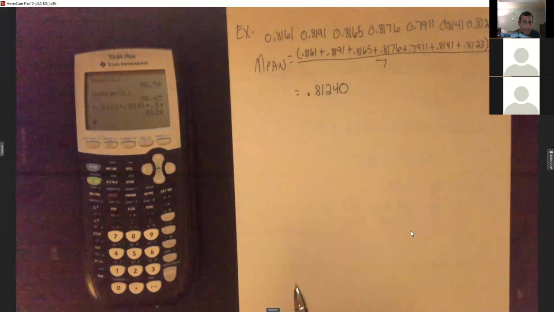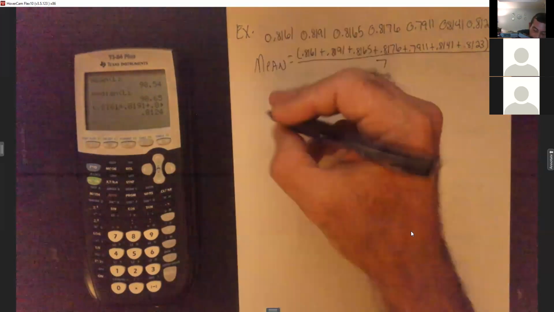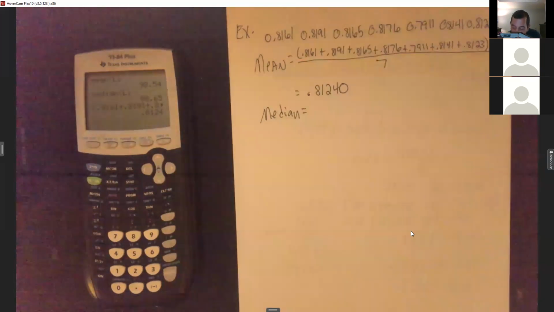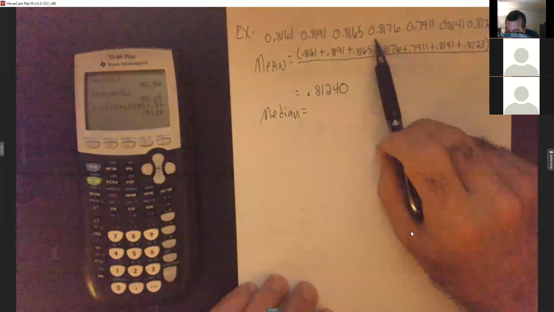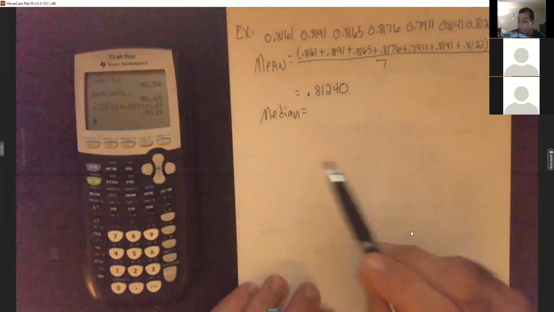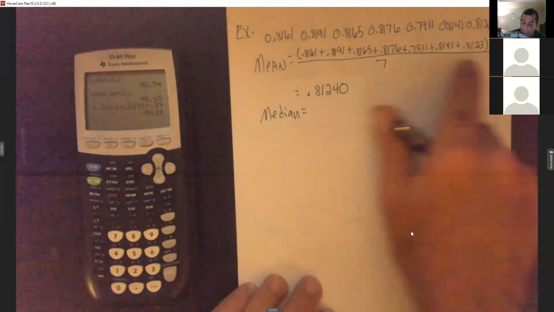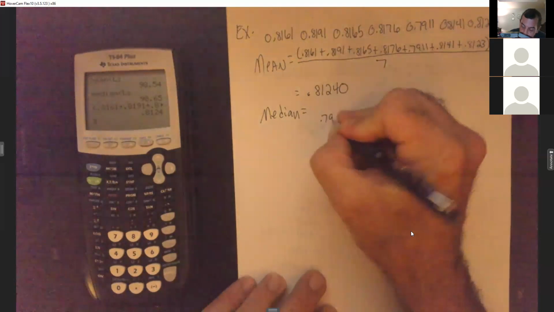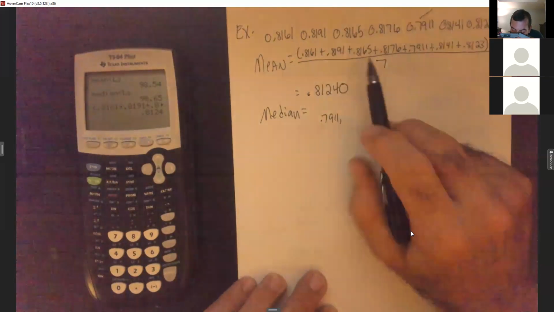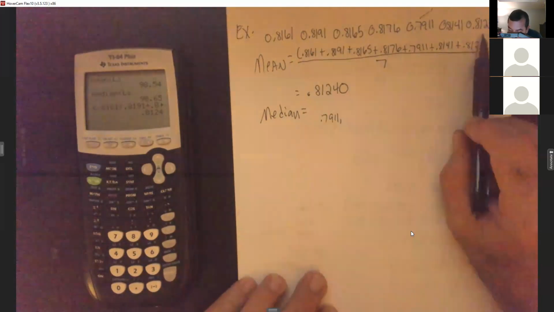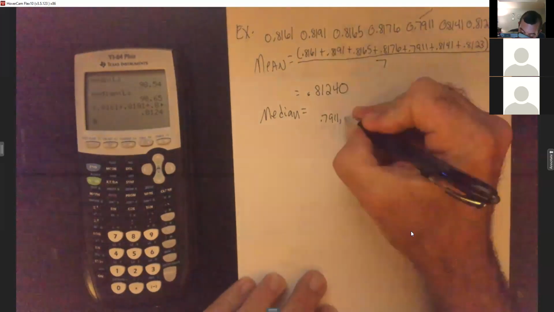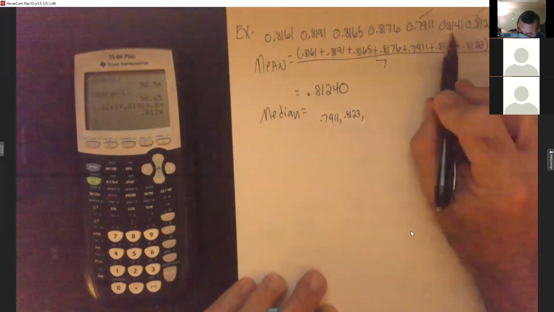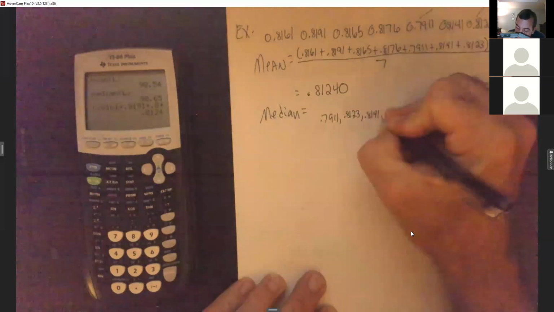All right, let's see, what's next? The median. So the median was my middle, and these are not in order, so I need to put these in order so that I can see what the middle is going to be. So the smallest number is 0.7911, takes care of that one. Then I got a 8123, looks like it's next. 8141 takes care of that one.